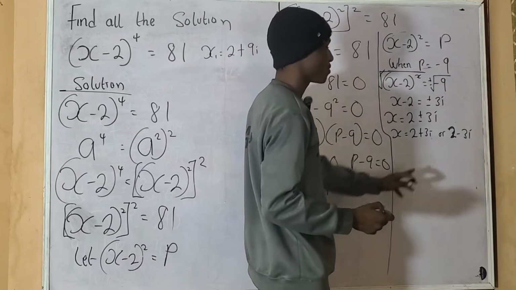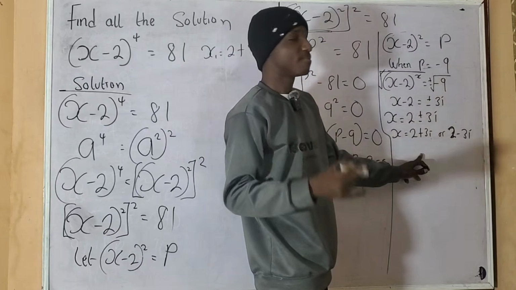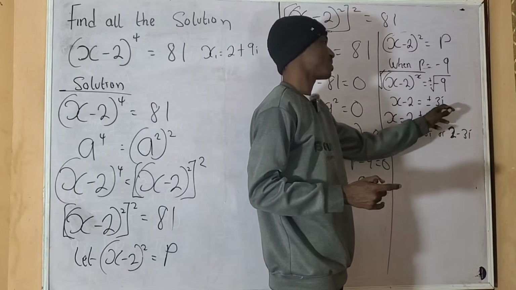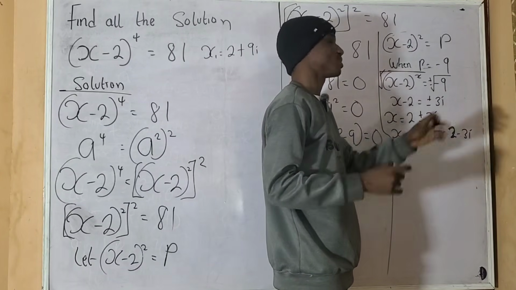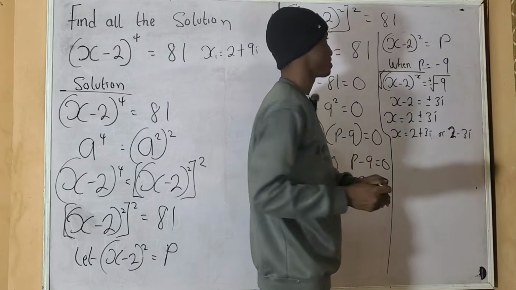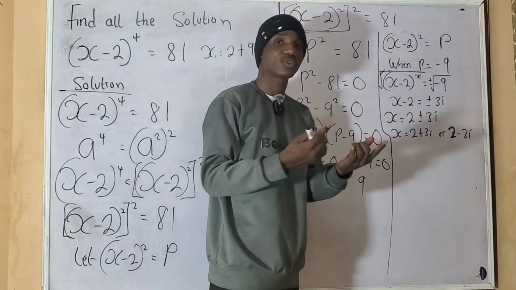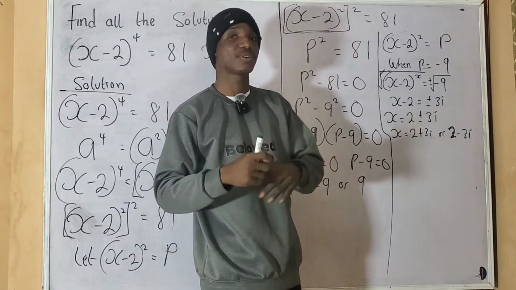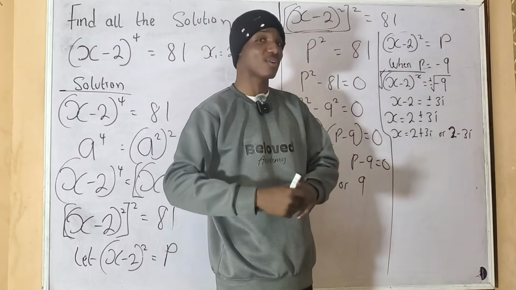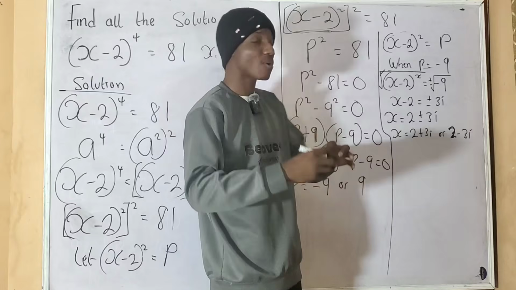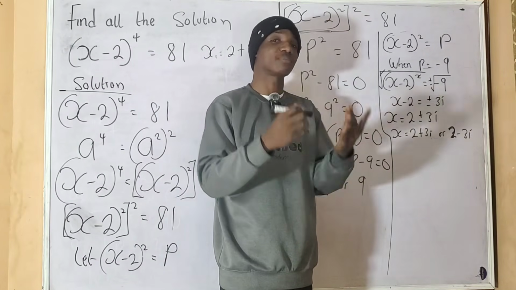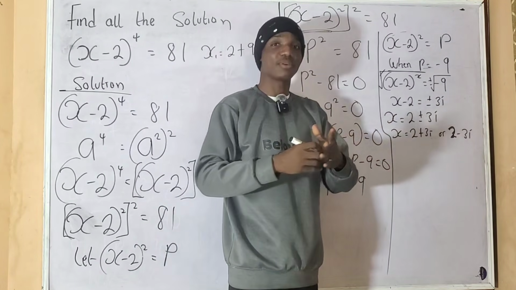Okay, so we have gotten the first two roots. By the way, if you want to understand how I got 3i here, this is just a concept in complex numbers. Whenever you punch the square root of a negative number on your calculator, you're going to have a math error or syntax error. But in complex numbers, to help us simplify this kind, you can make use of this concept.